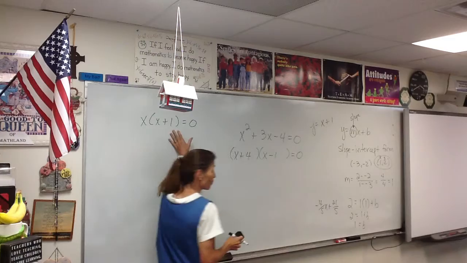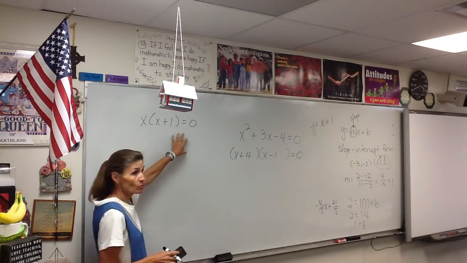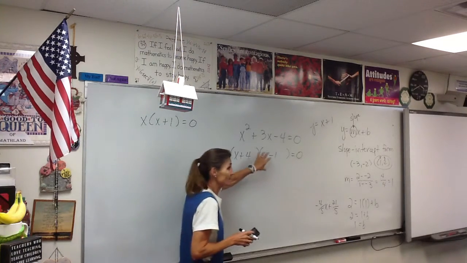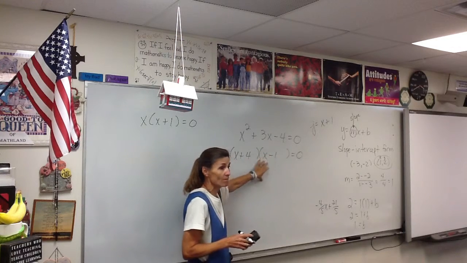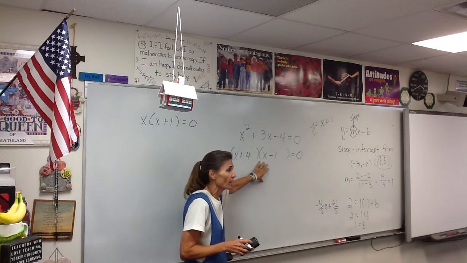Because this is already factored. The parentheses are already in it. What's the step that comes after the factoring when you solve an equation like this?